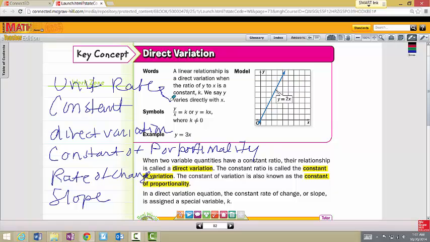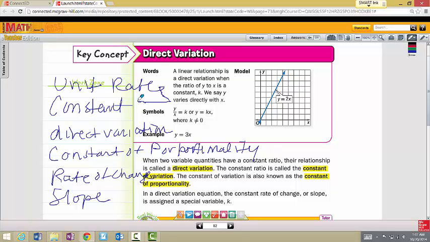The difference really does come into play when we're talking about whether it's a proportional relationship or not. A constant unit rate and rate of change all have to be a proportional relationship. A constant, a direct variation, a constant of proportionality and slope do not. All lines, whether they go through the origin or not, are going to have a slope.